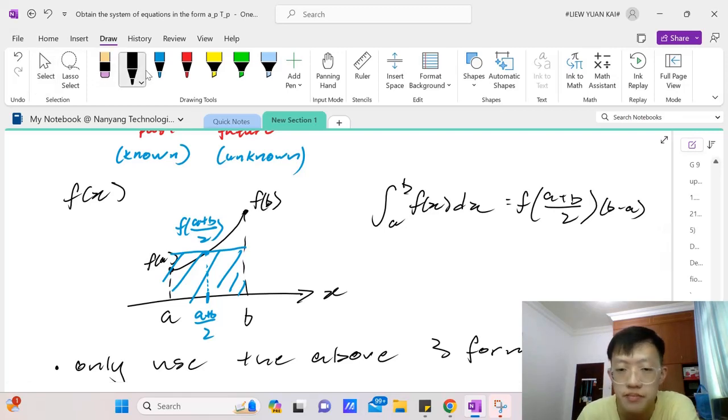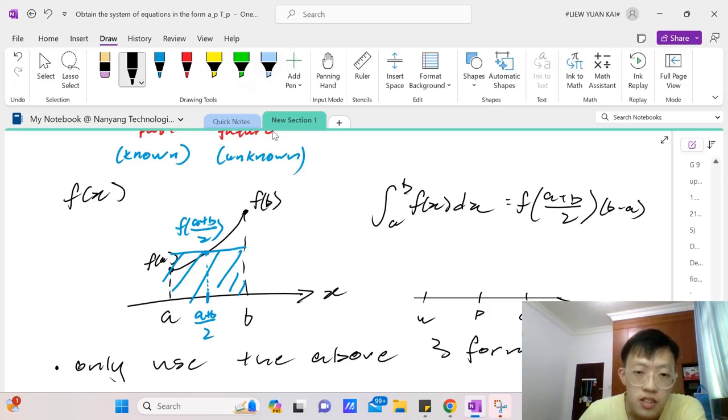So f evaluated at a plus b over 2 times b minus a. How are we going to apply this formula? Let's draw a control volume. The control volume is this standard template that I've always shown you: P, small east, small west. This is all we need. We don't need big east, big west. We're going to integrate over this control volume. So who is a, who is b, who is a plus b over 2? A is the left side, so W is the left side.